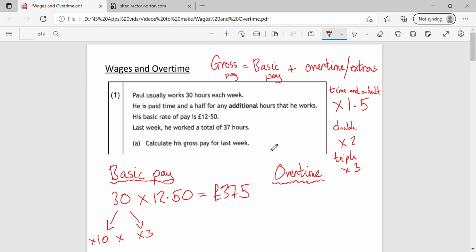So first thing we need to do for overtime is work out the rate of pay that they are receiving, and it's £12.50 is what they normally get, and that's been multiplied by 1.5. When you're multiplying by 1.5, what you're really doing is taking 1, which would be £12.50, and then adding on a half of 12.50.